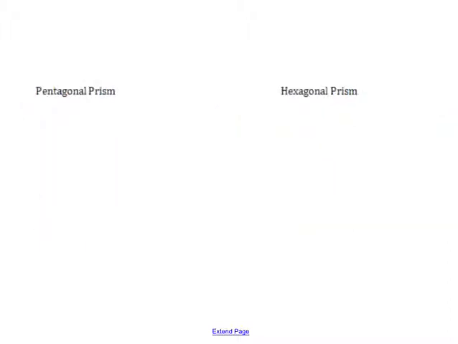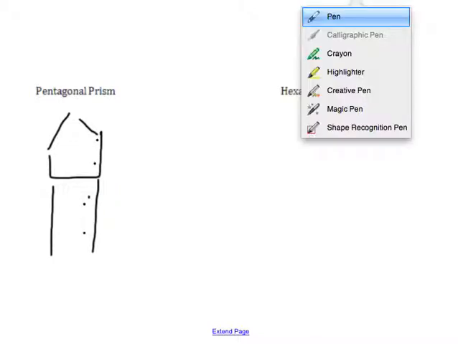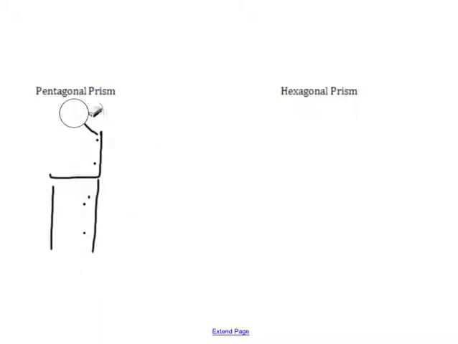Next, let's take a look at drawing a pentagonal prism. So the first thing I'm going to do is draw a pentagon. Now a pentagon is a shape with 5 sides. Then it's going to have these sides coming down as well as these sides behind it. Okay, you know what, I'm going to try this over. This is why we do this in pencil, so we can erase. I'm going to make it a little bit more slanted.